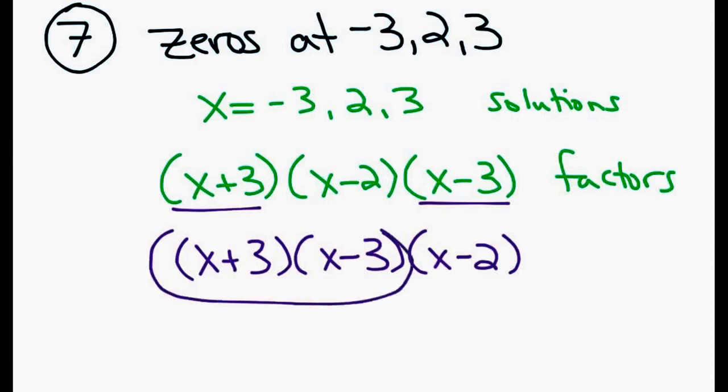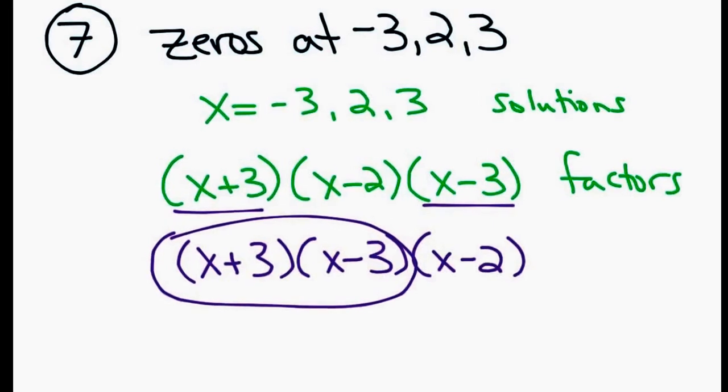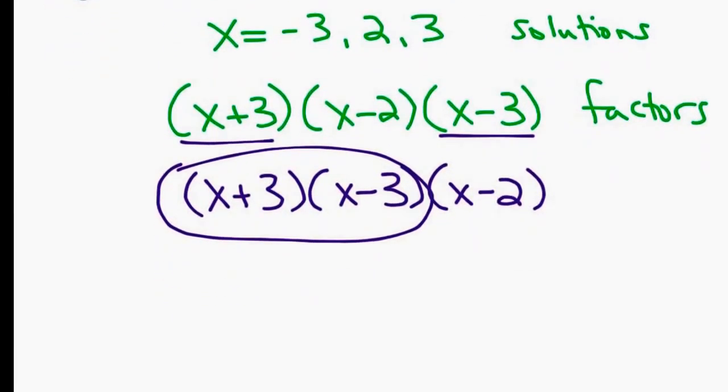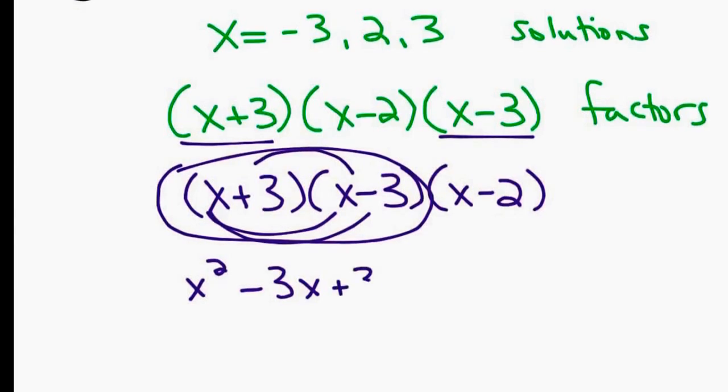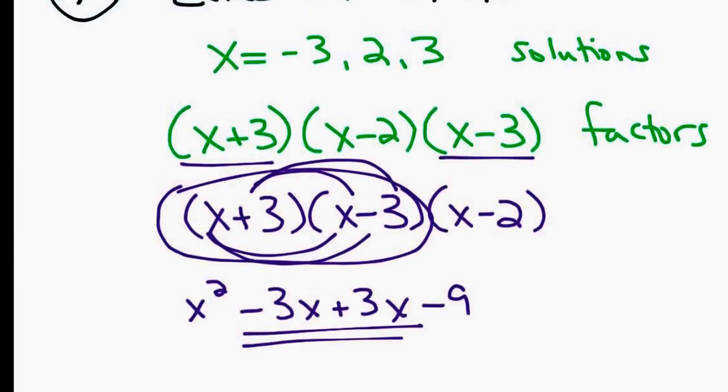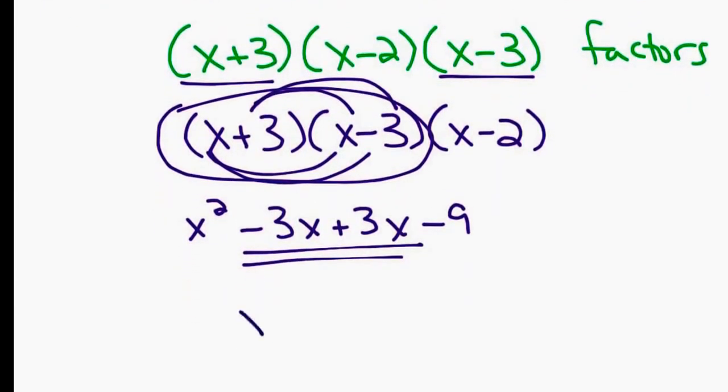When I multiply these together, this is called the product of a sum and difference. When you multiply them together, the middle terms will always cancel. So I'll show you. When you FOIL, you get x squared minus 3x plus 3x minus 9. And look, the middle terms are opposites. They're going to cancel, so I'm left with x squared minus 9.